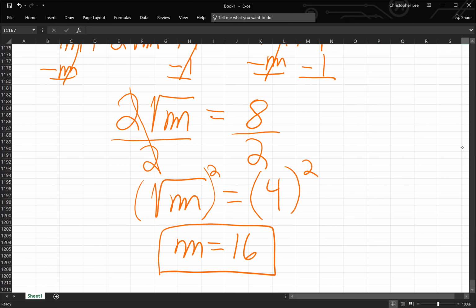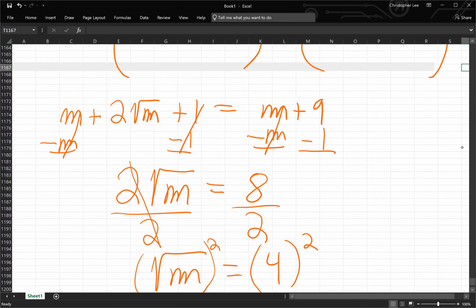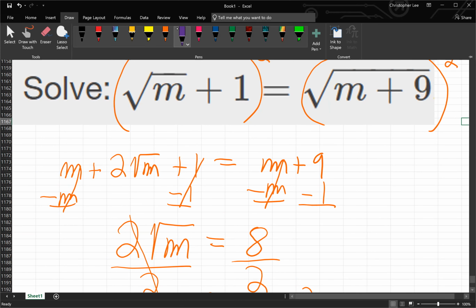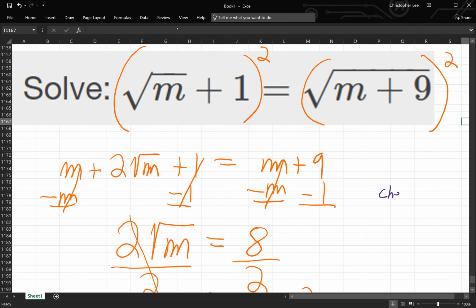That's it. And after you get that, you already know, check it out, because it might not work. So I want to check this. Allegedly, if I do the square root of 16 and I add 1 to that, that's going to be equal to the square root of 16 plus 9.